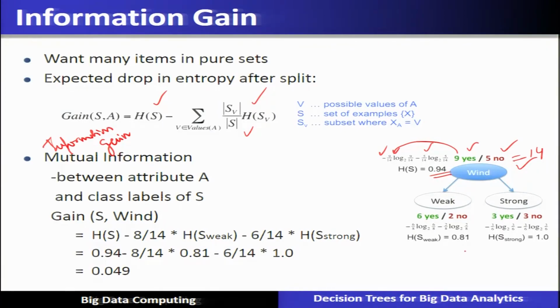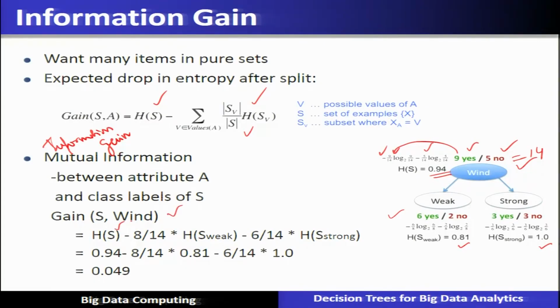How about calculating this same value for weak and for strong? For the weak we obtain 0.81, and for strong we obtain 1. Now we can see what is the information gain here in this case of wind, whether we can split or not.